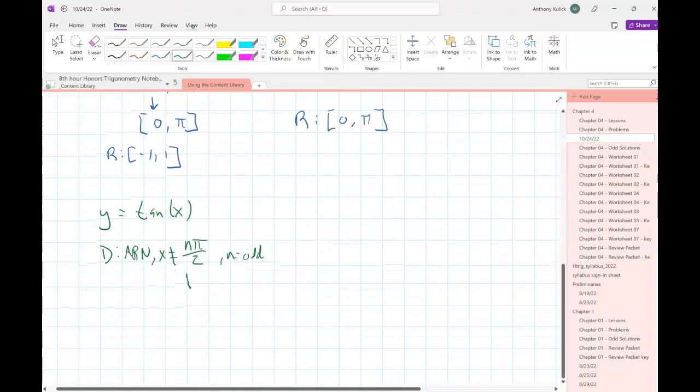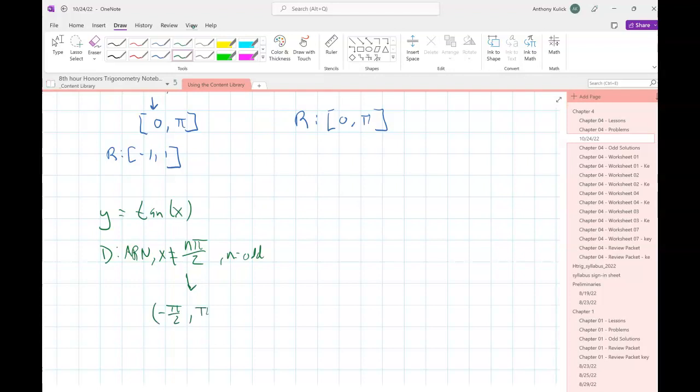We're going to restrict that down to just here. Notice that I used parentheses here for tangent instead of brackets. Why did I do that?